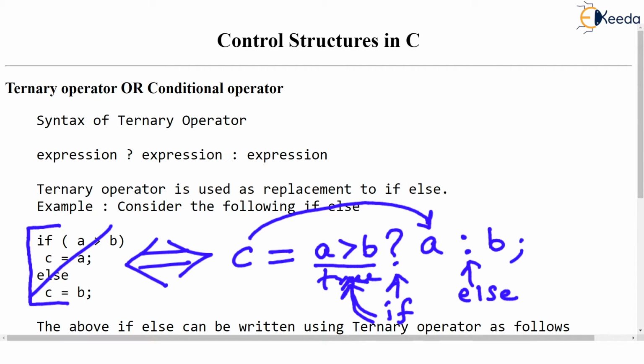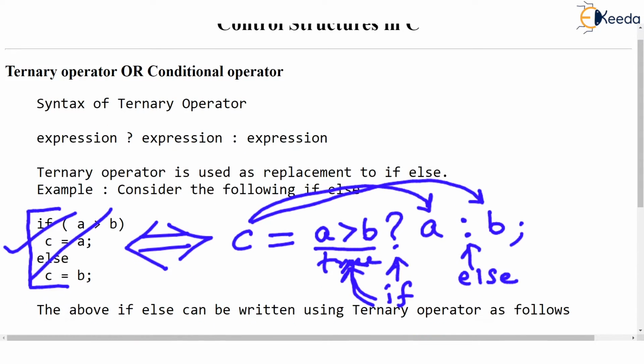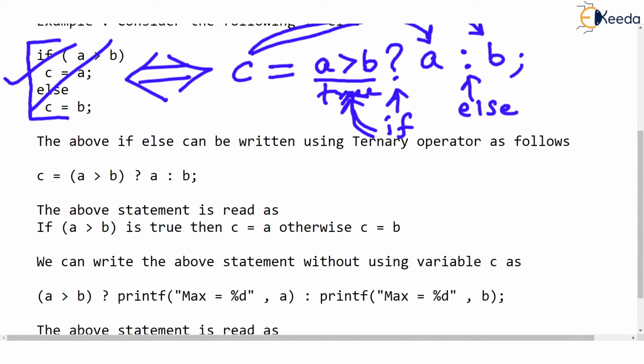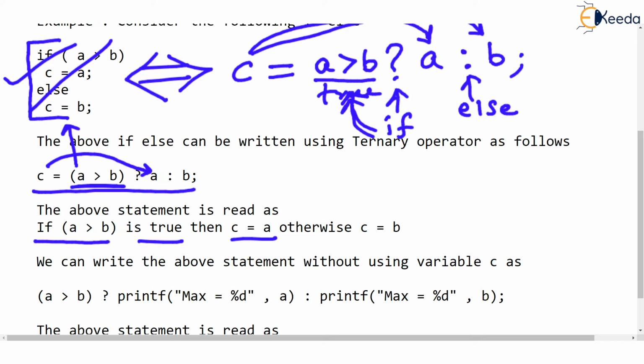So if A greater than B is false, then C should take the value of B. That's exactly what is written using if over here. This is the code which is equivalent to the if else. And the explanation is, if A greater than B is true, then C will become A. Otherwise, C will become equal to B.